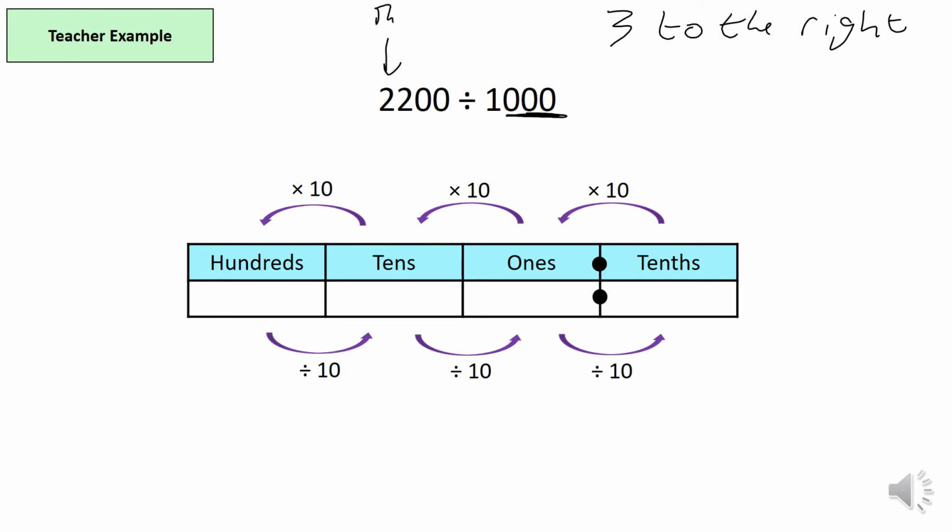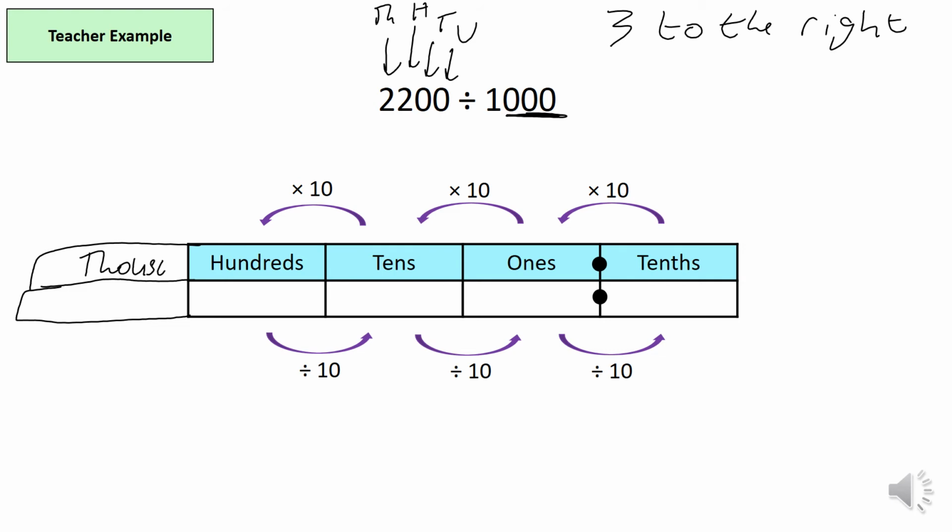We have a hundreds column, a tens column, and a units column. So what I'm going to do here is add a thousands column. We have 2 thousands, 2 hundreds, 0 tens, and 0 units. We're going to shift everything 3 to the right.